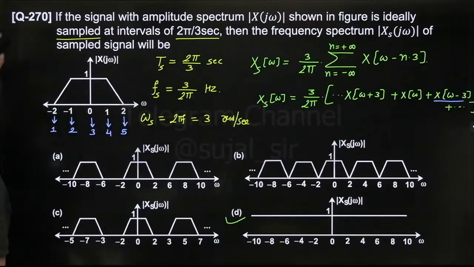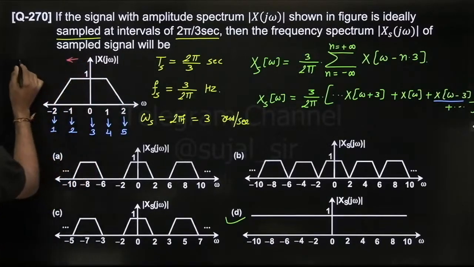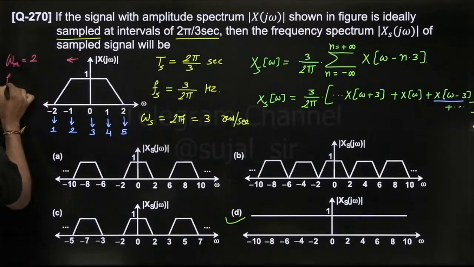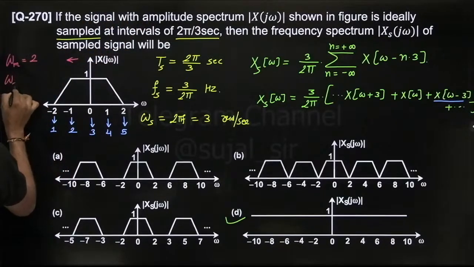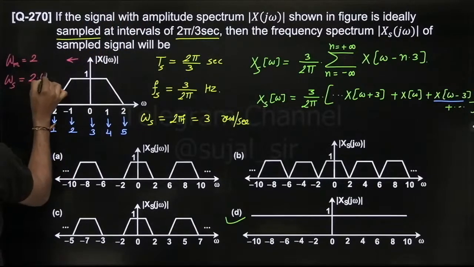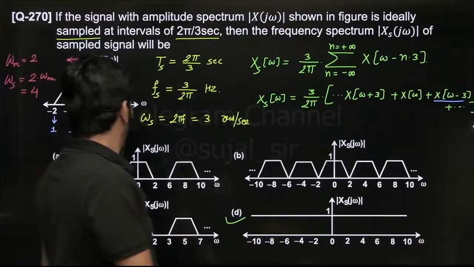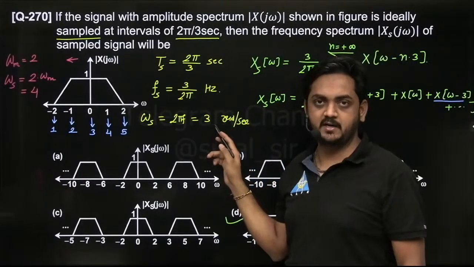See, here the maximum frequency of this signal is omega m equal to 2. So the minimum sampling frequency should be, according to the Nyquist sampling rate, minimum twice omega m. So minimum it should be 4 radian per second, but here you are choosing 3 radian per second in the given question.